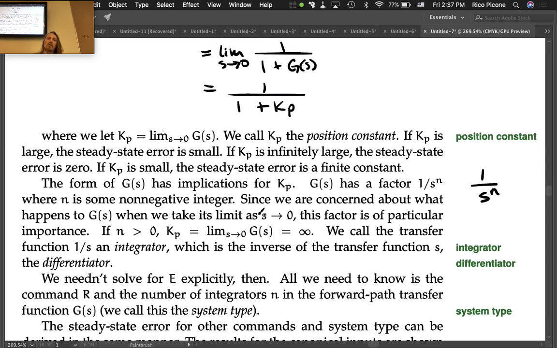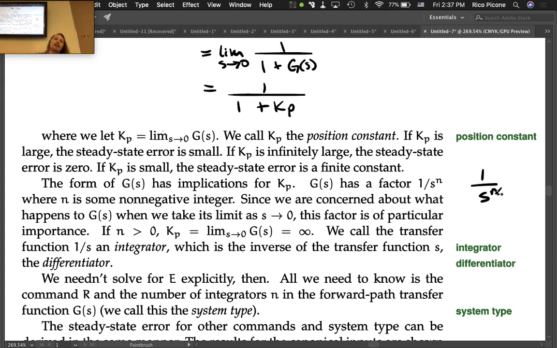So if n is greater than 0, Kp, which is equal to the limit as s goes to 0 of g of s, goes to infinity, right? So if n is even 1, if you even have one of these terms, then 1 over s goes to 1 over 0, which is infinitely large, right? So infinity is the position constant Kp.